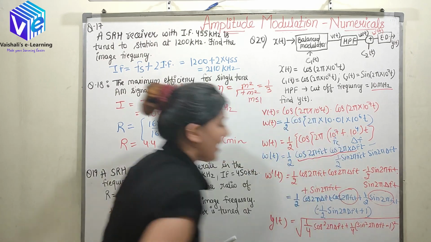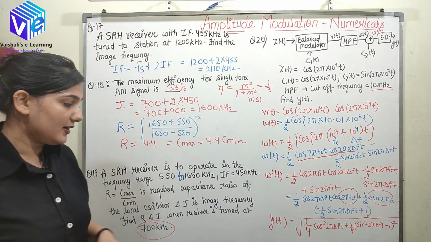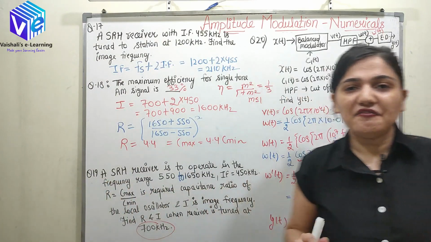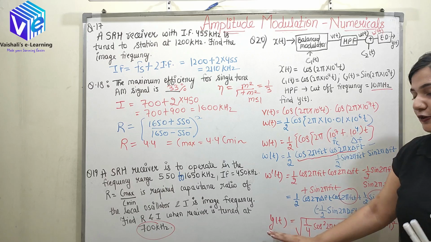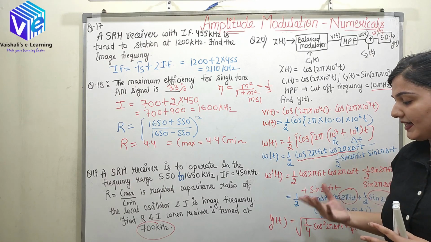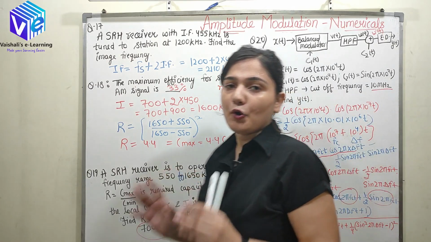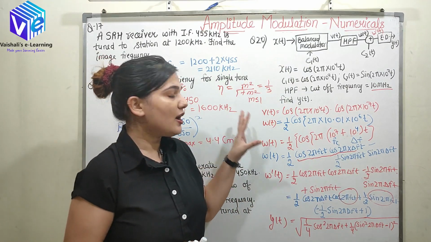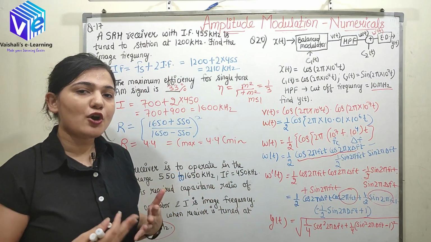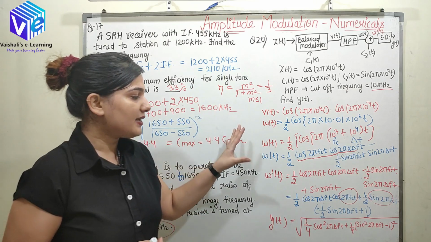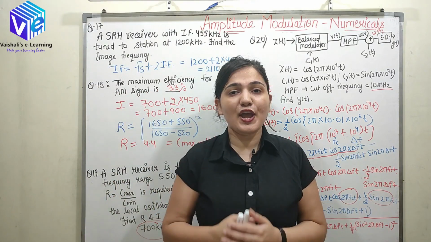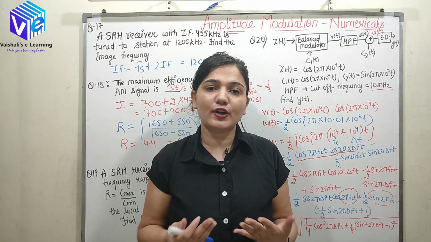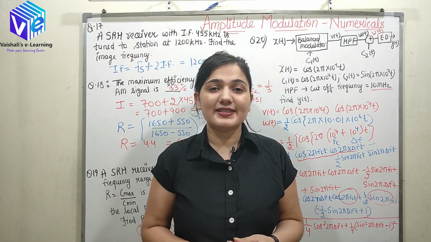So now I hope you are clear how I found out y of t. So don't panic if you are not able to find out y of t, because I intentionally put a difficult question. So take your time, brainstorm on this question, and if you have a different answer to this question or any question, you can put the doubt in the comment and I'll try to answer as soon as possible.